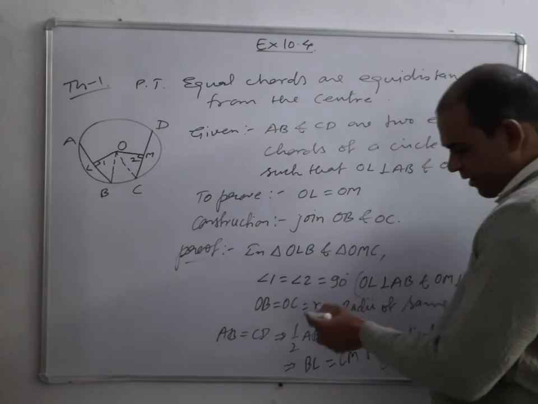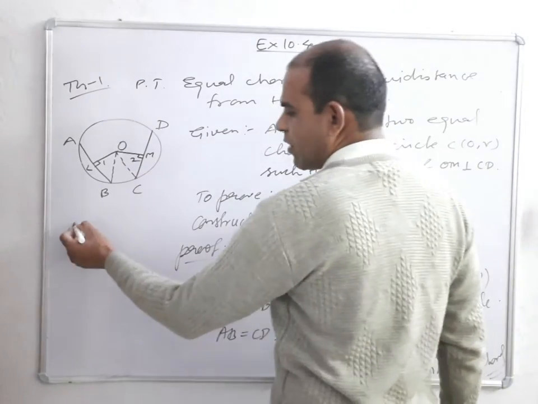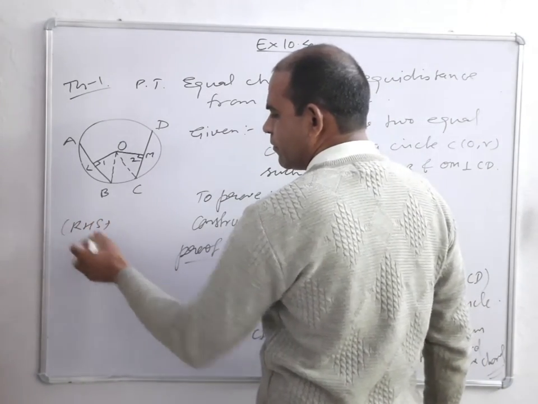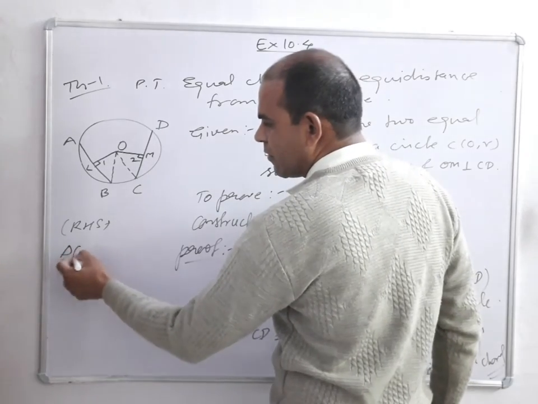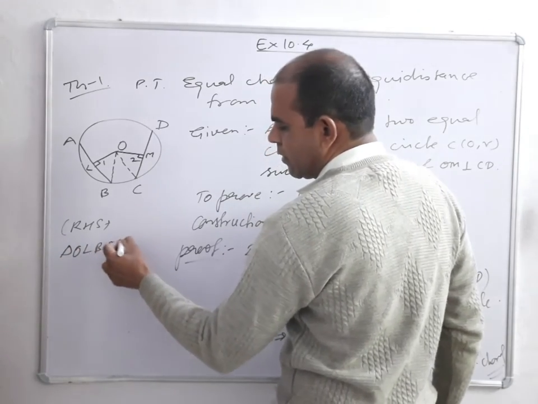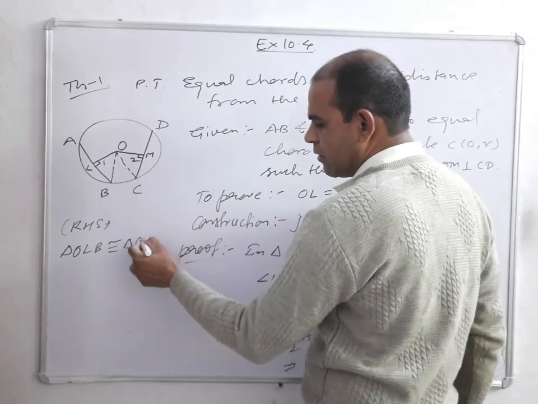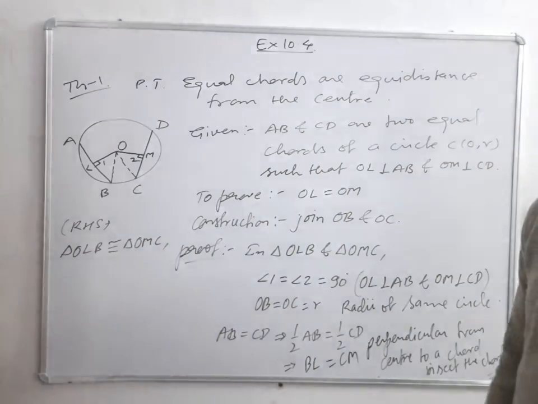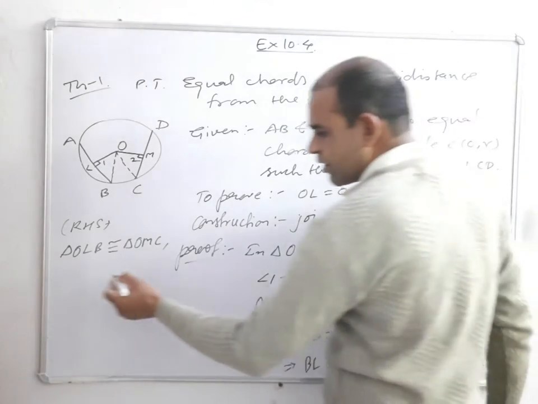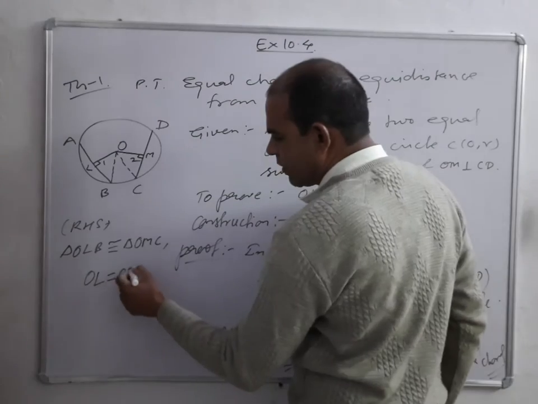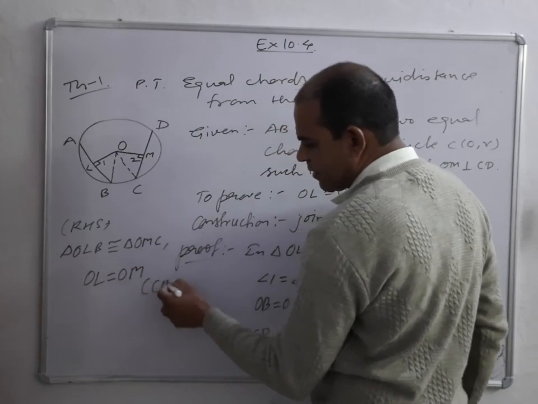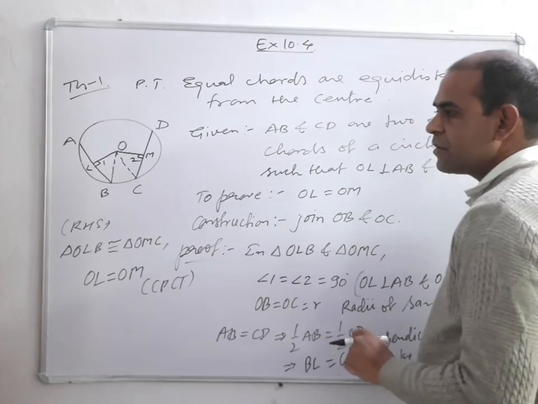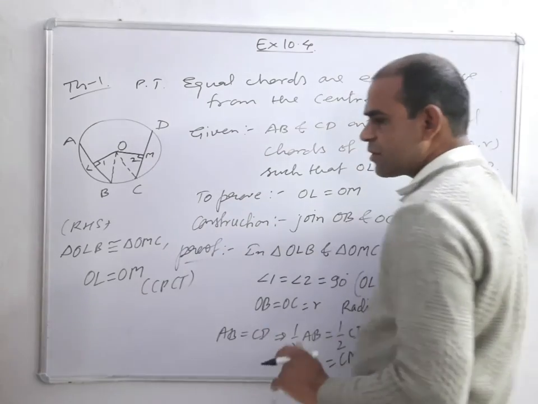So right angle, hypotenuse and side, so RHS criteria of congruence. Triangle OLB is congruent to triangle OMC. These triangles are congruent. So OL equal to OM, and its reason is corresponding parts, so CPCT.